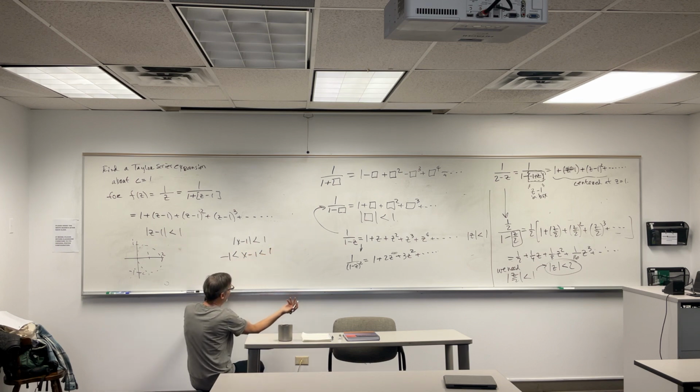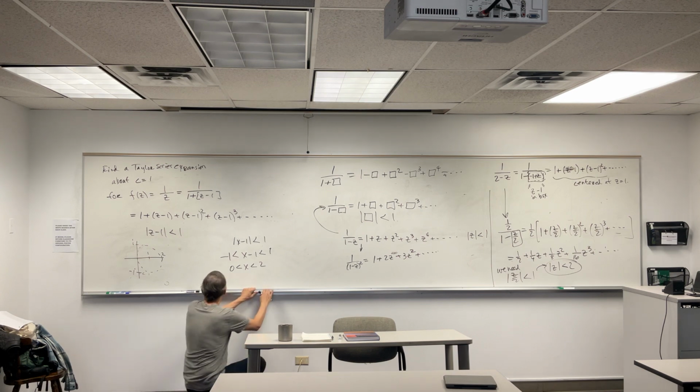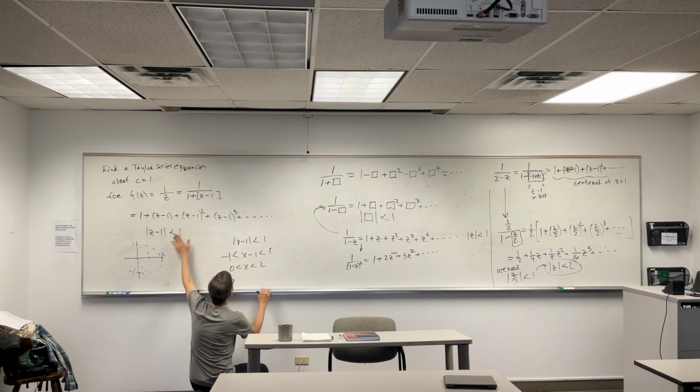And this is what you do in Calc 2. That's legit Calc 2 stuff if we're only reals. But the good news is we don't have to do that. We can just literally put the thing in here, less than 1, and we're good to go.